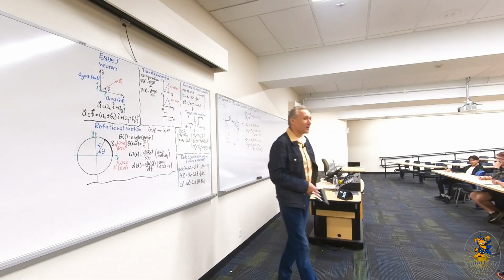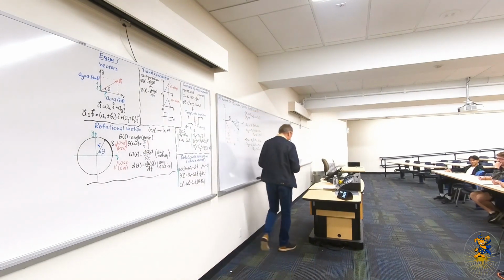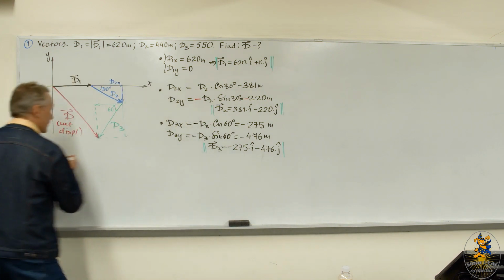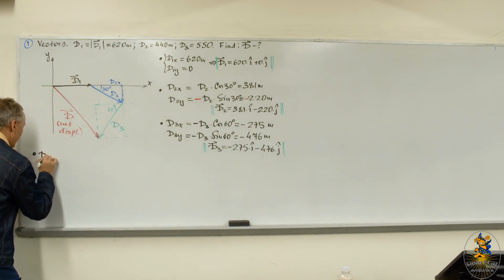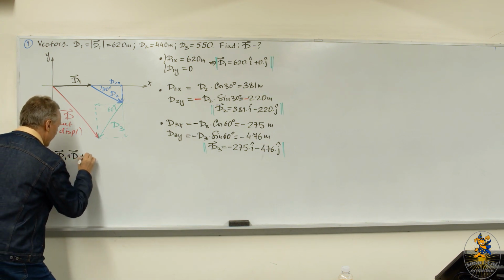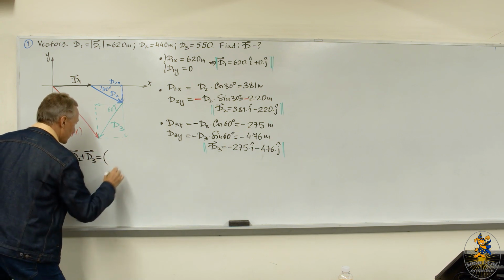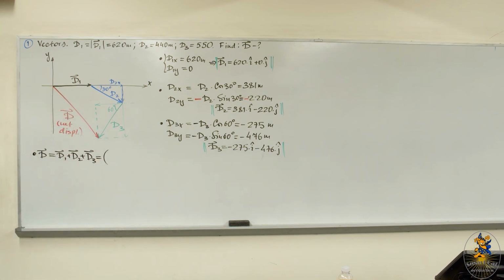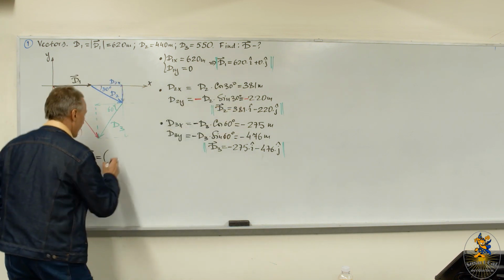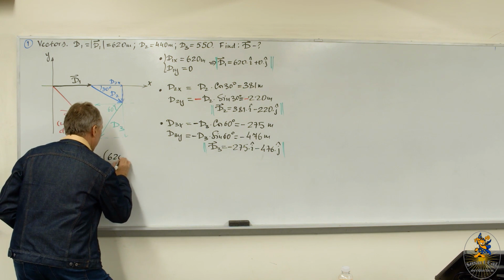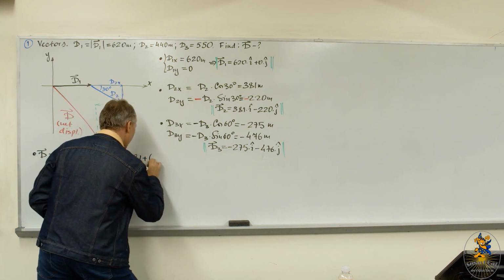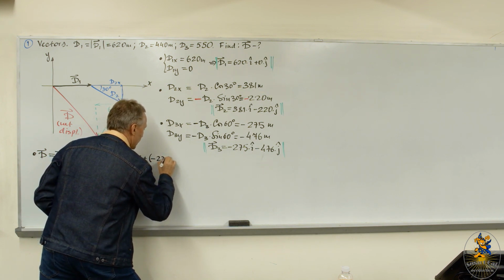I can divide by two, I'm still comfortable with that. All right. So now the next step. The total D vector, which is of course D1 plus D2 plus D3, so I will add immediately 620 plus 381 plus, let me write, minus 275.